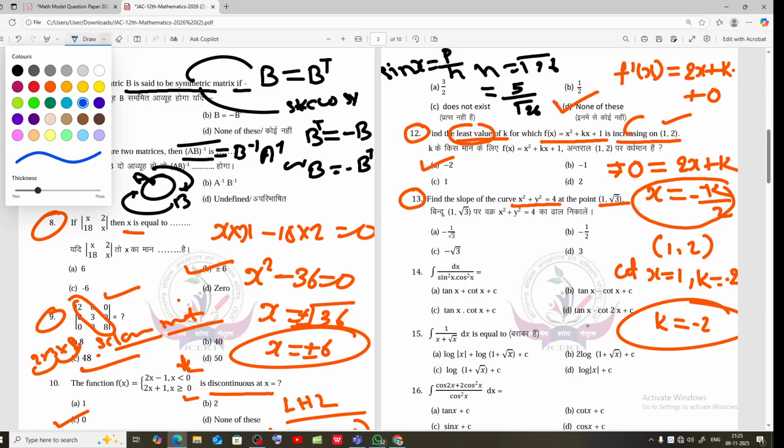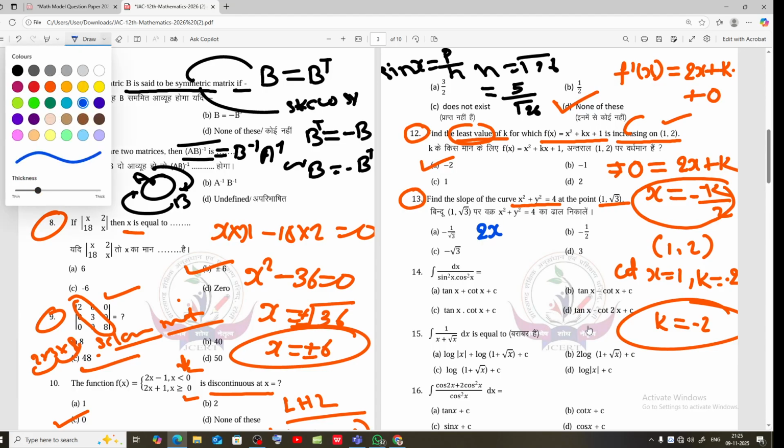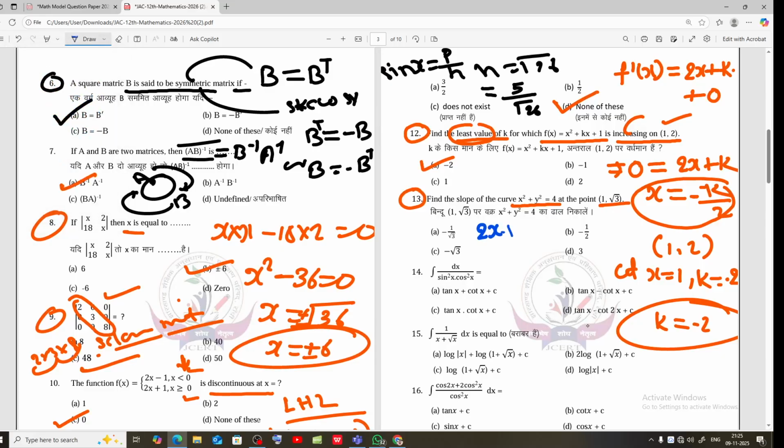We find the first derivative, that means 2x plus 2y y dash equal to 0 at the point 1 comma root 3, where this one is x and this one is y. 2 into 1 plus 2 into root 3 y dash equal to 0, that means y dash equal to minus 2 by 2 root 3.